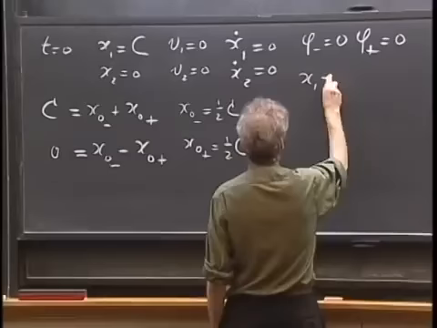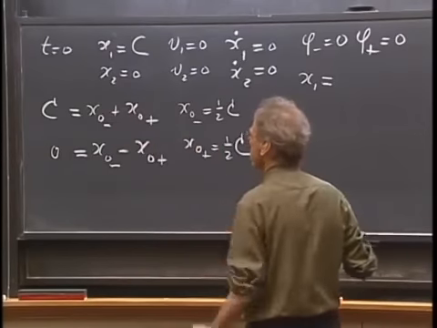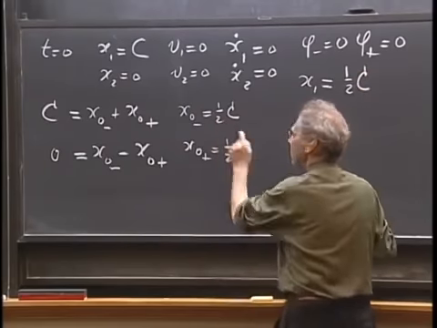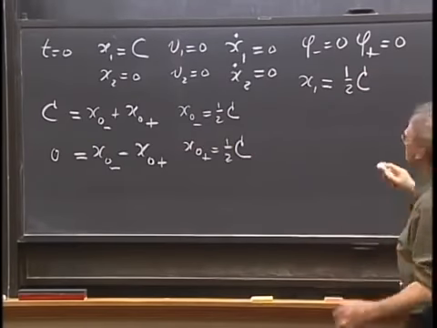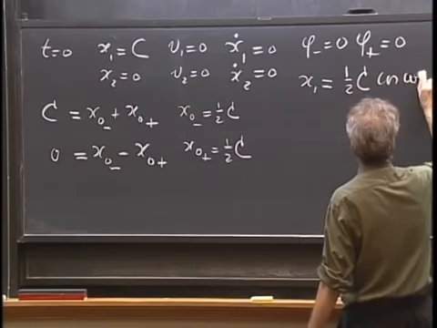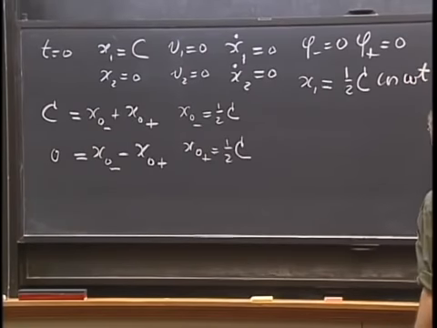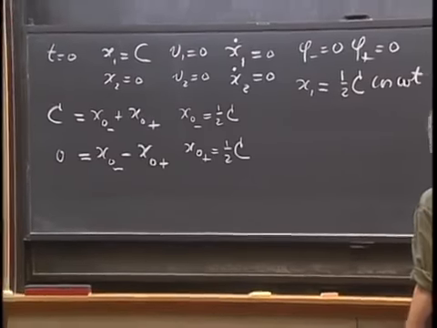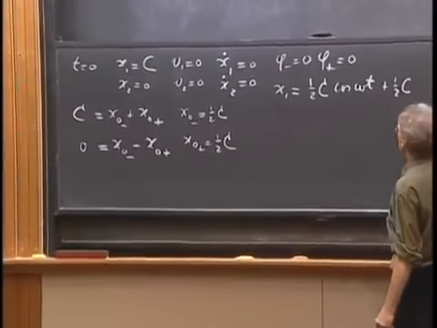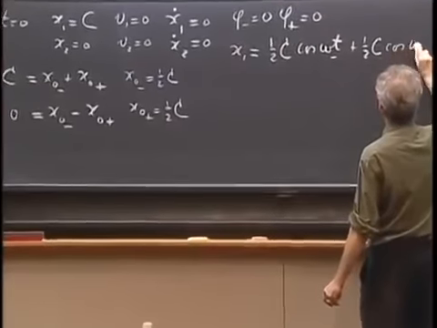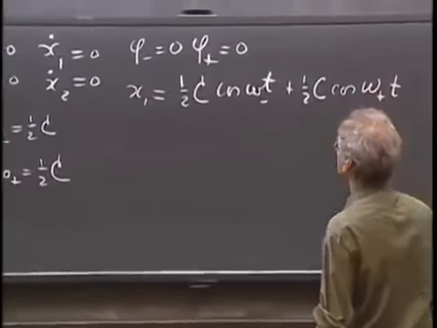So x1 is going to be 1/2 c. Remember, we found that it's 1/2 c times the cosine of omega minus t, because phi is 0, plus 1/2 c times, this is a plus, by the way, cosine omega plus t.